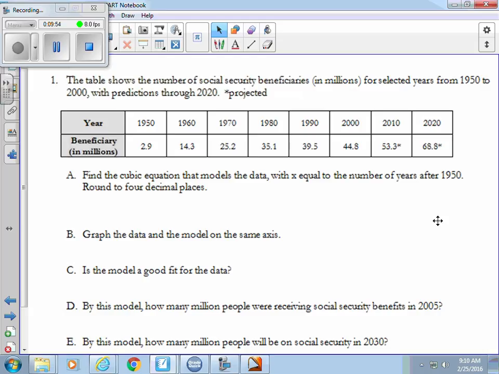It says up at the top that part of the data is projected data, which, as you can imagine, 2020 hasn't actually happened yet. And I guess when this problem was written, 2010 had probably not happened yet either. It's probably that old. 2020 is 68.8.